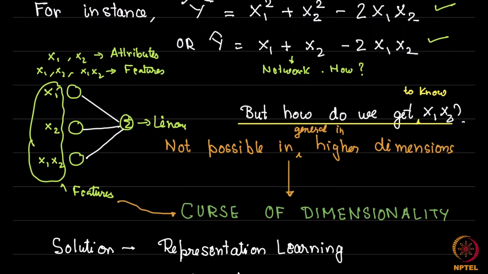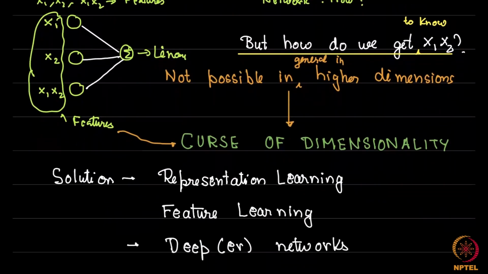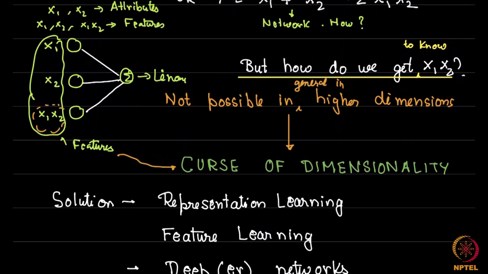This is where we have our deep learning algorithms. So the idea is what is known as representation learning, or in our case, let's call it feature learning. How do I find these features out automatically? So for that, what we need are deeper networks. That is, we currently had no depth at all, no hidden layer.